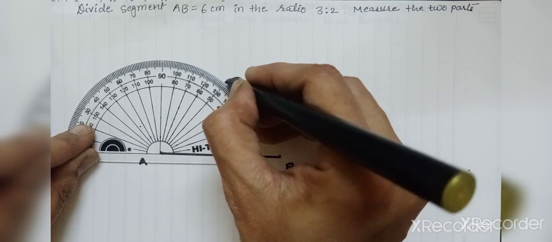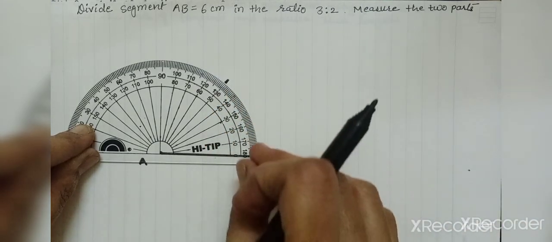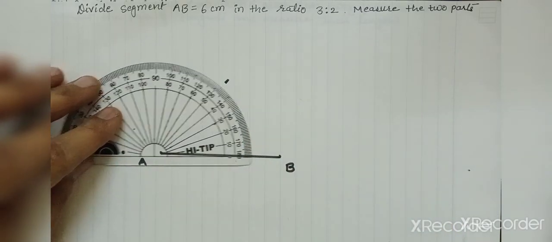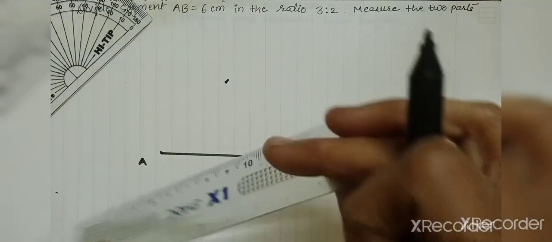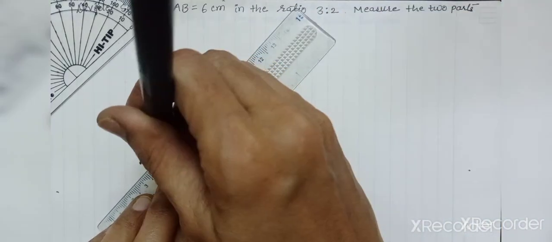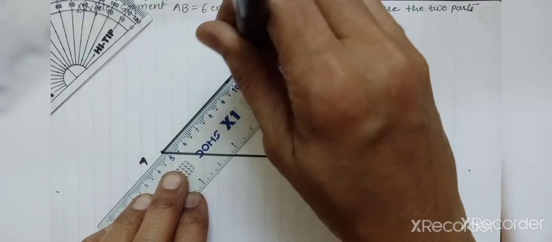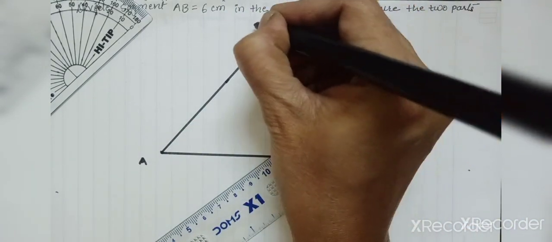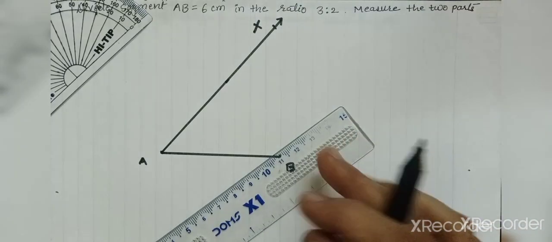It should not be too acute, so that the diagram looks proportionate. Right, now you join this point A and extend this ray. So this is your ray AX.